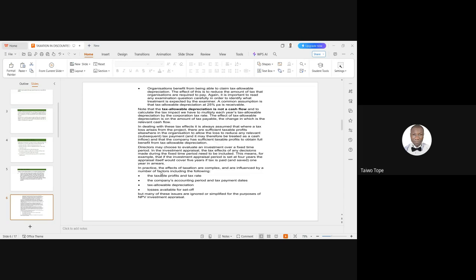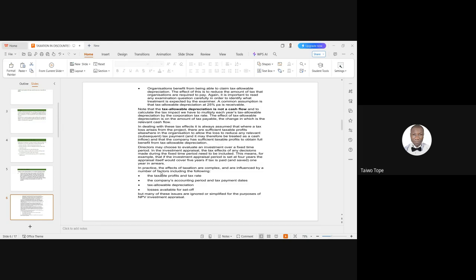This means, for example, that if the investment appraisal period is set at 4 years, let's take note of that: if tax is paid 1 year in arrears, it means the appraisal will cover 5 years.